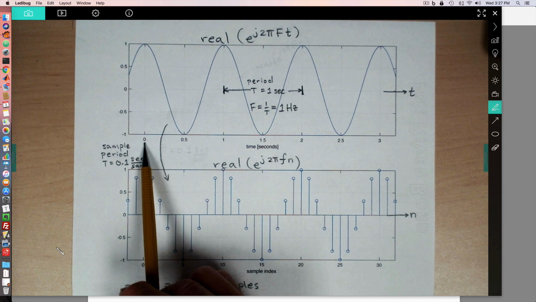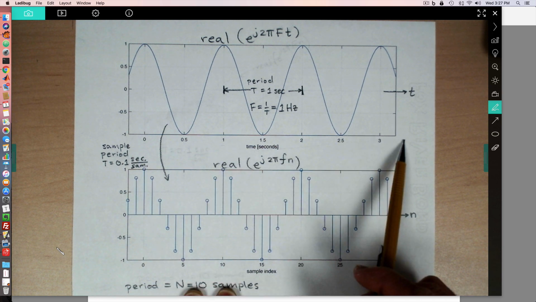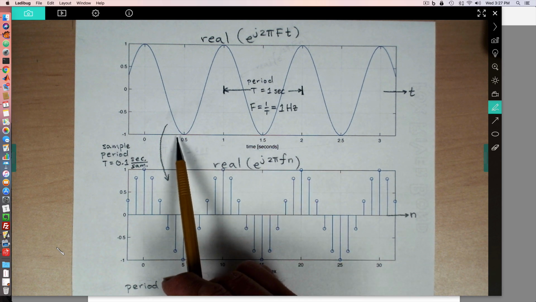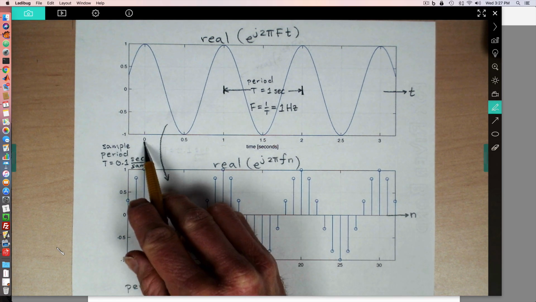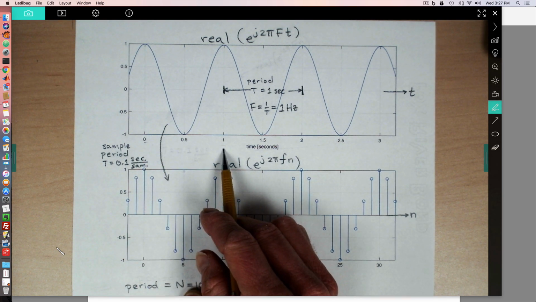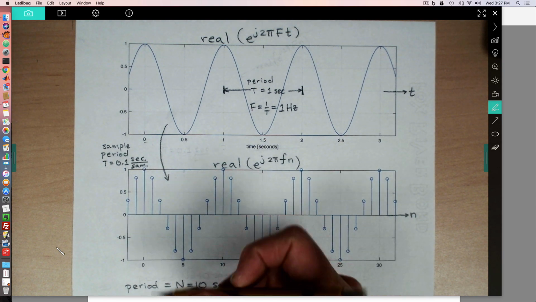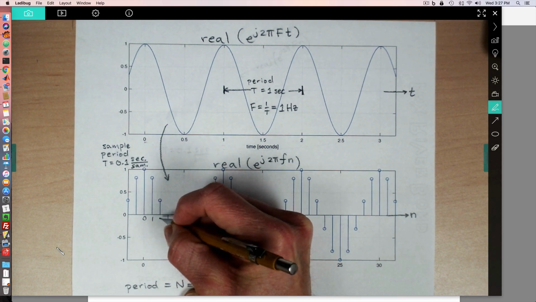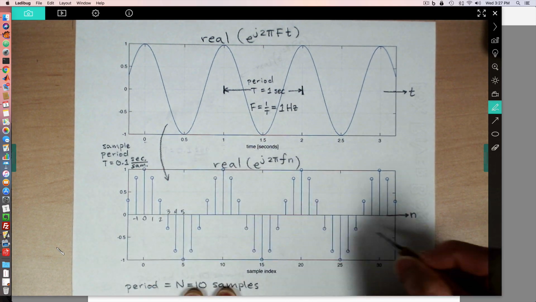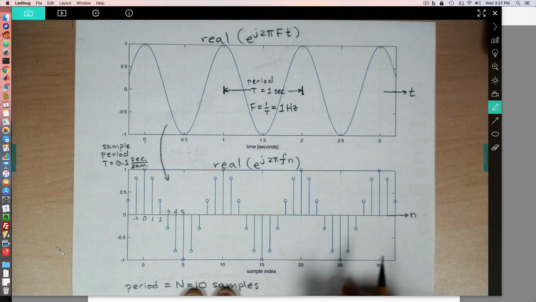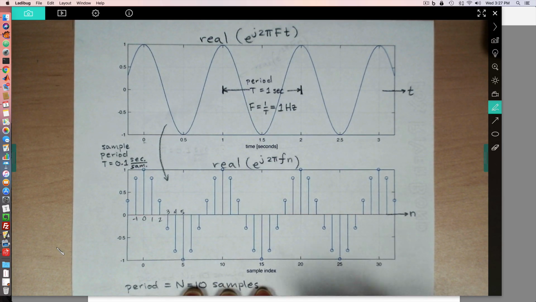Whereas up above we go from 0 to 1 second on the time axis, when we sample, we're going to sample 10 times in this 1 second because our sample interval is 1/10 of a second. So here I have my sample index. I would have 0, 1, 2, 3, 4, 5, and so on. I could have -1 and so on. So this is the n-axis, and the units of n, if we had to choose units, would be sample index.